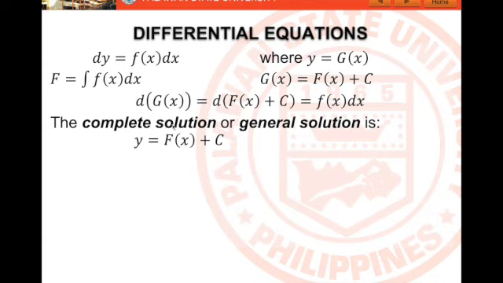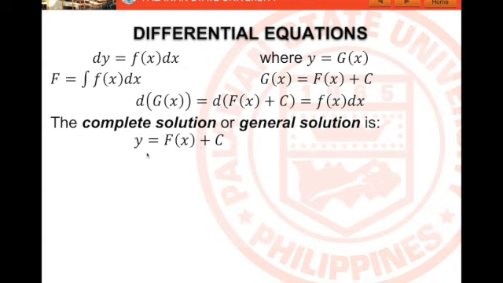So the complete solution or general solution is y equals f of x plus c for this one. So our y or g of x is just equal to f of x plus c.